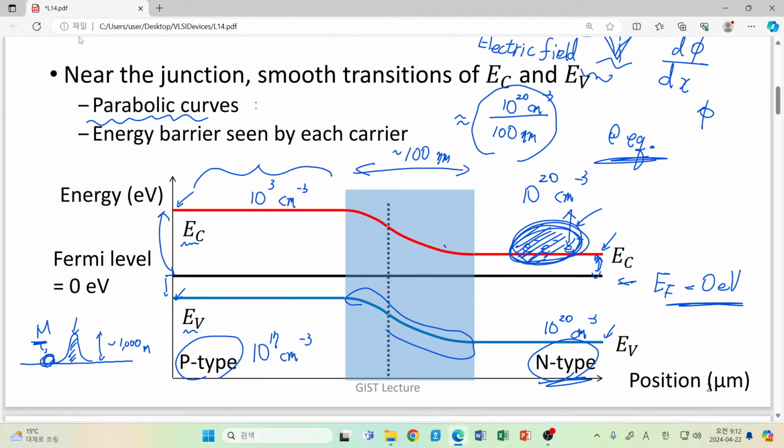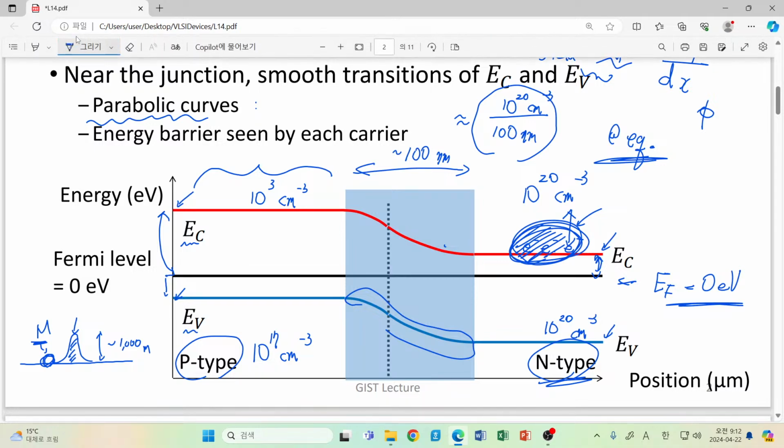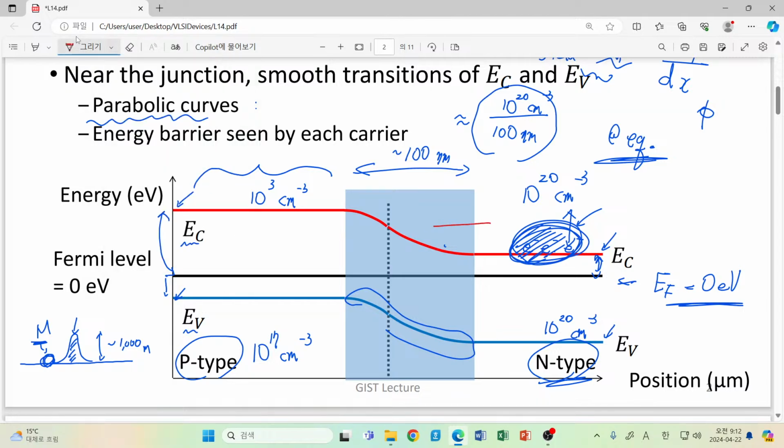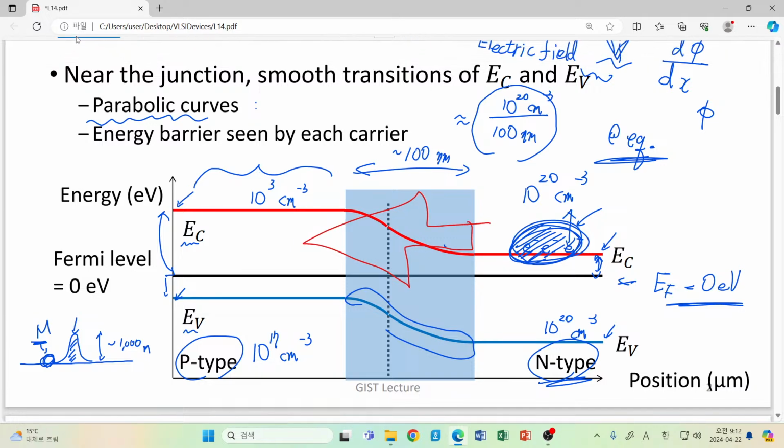If we consider only the diffusion component of our electron flux, then we must expect a really strong diffusion current from this n-type region into the p-type region.